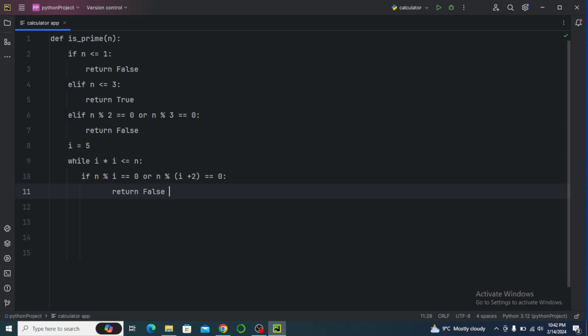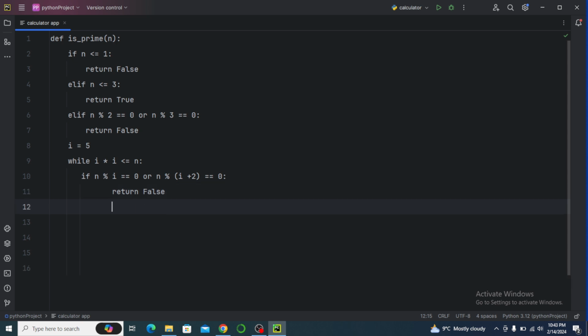These steps allow us to consider only numbers that are not multiples of 2 or 3, as mentioned earlier. So we increment by 6 to move from one pair of potential prime numbers, which we call 6k minus 1 and 6k plus 1, to the next pair. So this is what this particular place is trying to do.